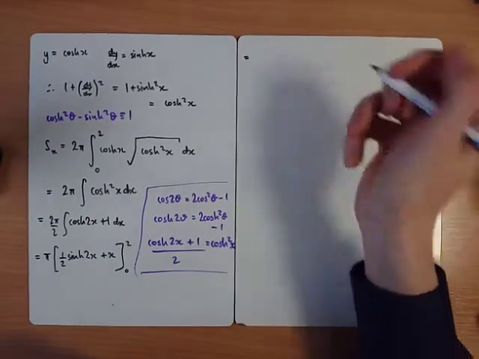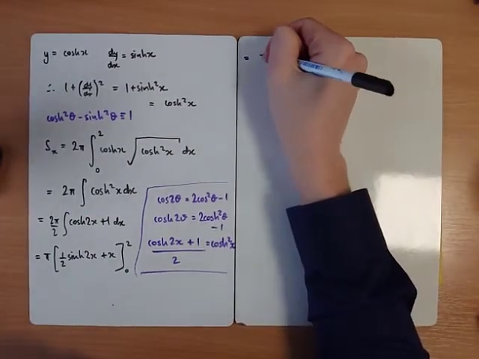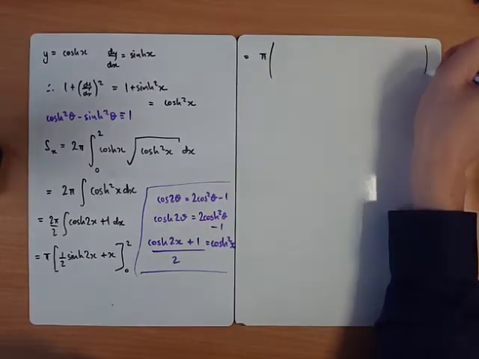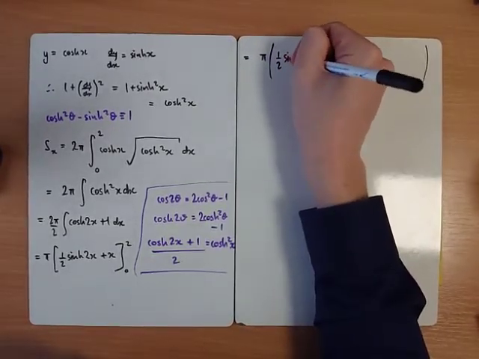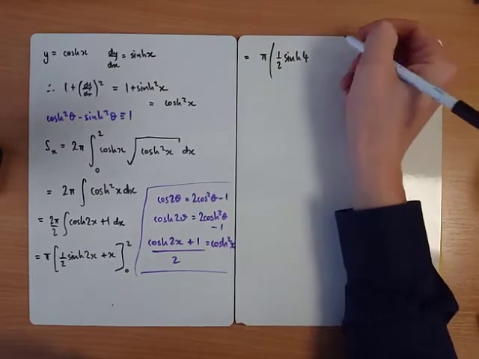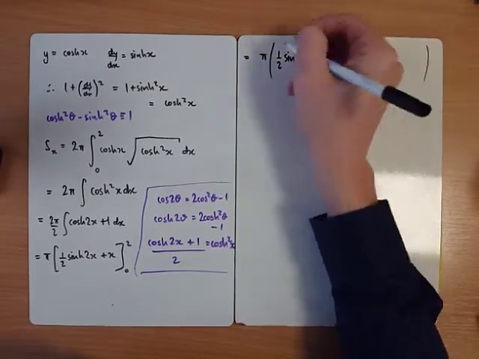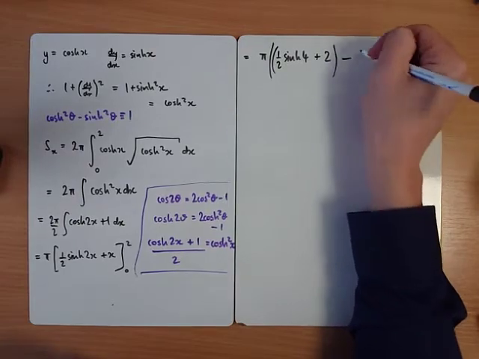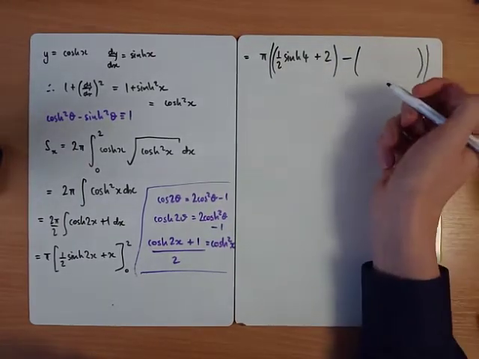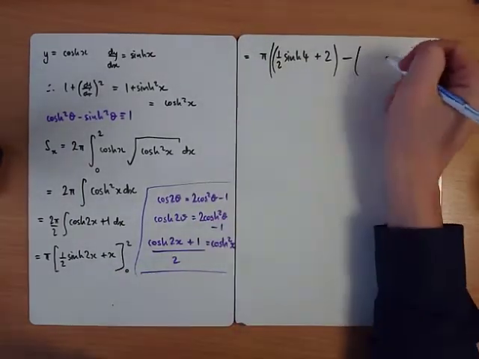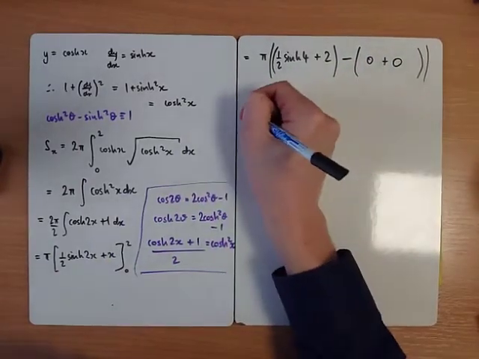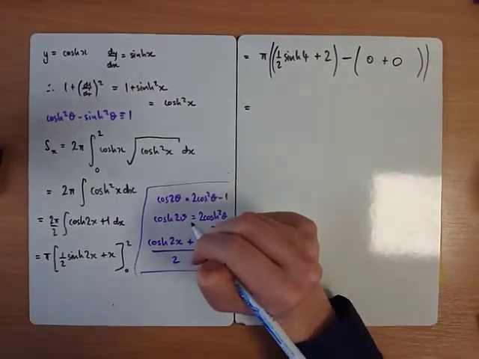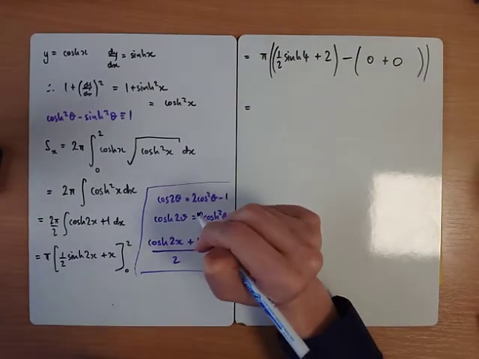With this being a show question, let's just be careful, make sure we get to the right answer. So that'll be a half sinh of 4 plus 2, minus, if we sub 0 in, sinh of 0 is 0 and 0. The answer that we were aiming for was 2 pi outside.